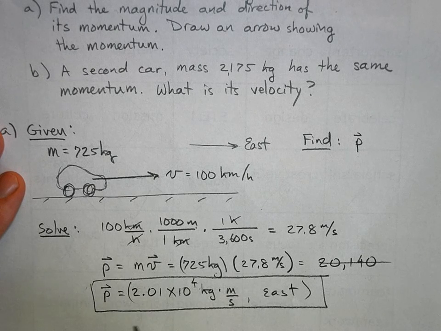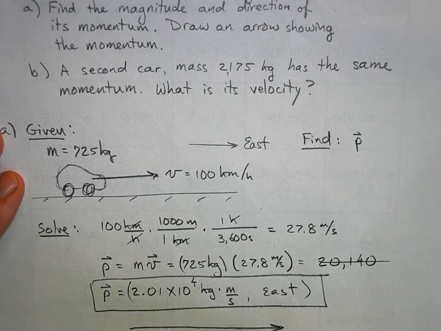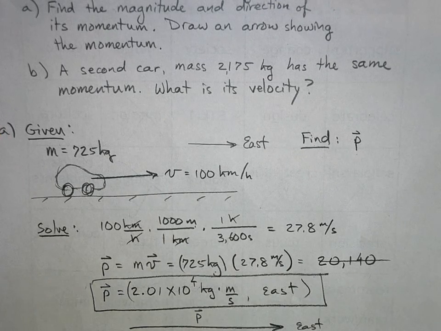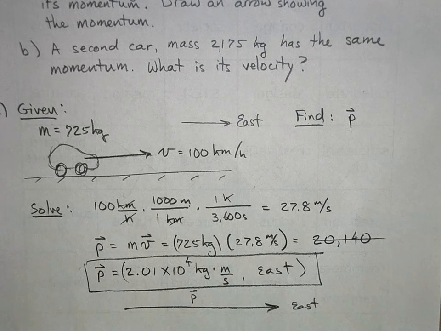I'm not going to draw that. I'm just going to say, there it is. There's my momentum vector, and this is east. They just want you to draw the arrow here. We want you to see that this is a vector quantity. It has direction. Momentum has direction associated with it.